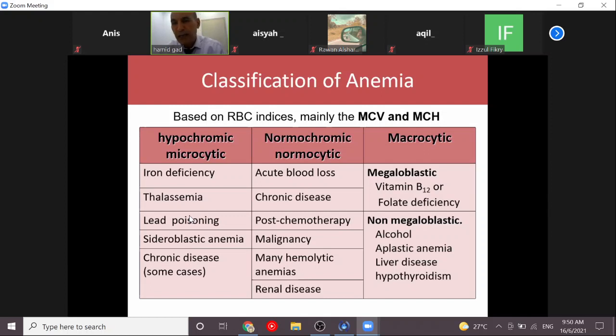The first type of anemia we call hypochromic microcytic anemia, or microcytic hypochromic anemia. From the name, hemoglobin is low, MCV is low, MCH is low. When you find these three things, there are 5 differential diagnoses you must always remember. The first one is iron deficiency anemia. You have to put it as number 1 because it's the most common type.